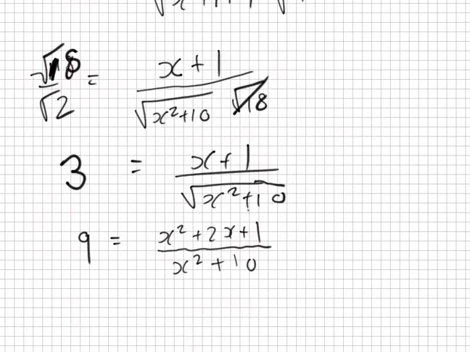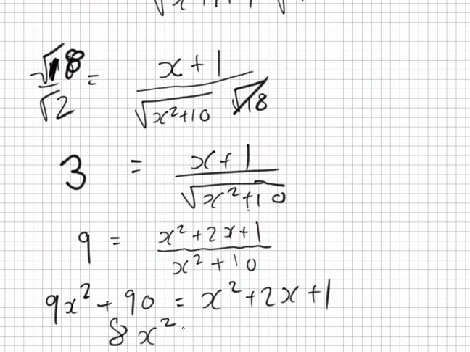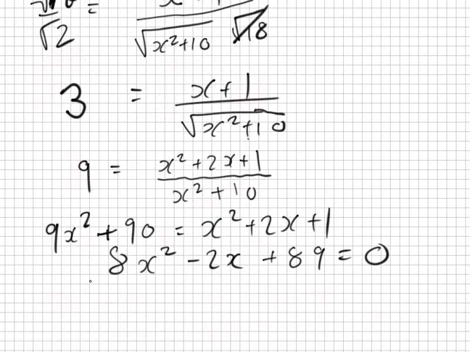It's an 18. Bring the denominator up to the left. 9x squared plus 90 equals x squared plus 2x plus 1. So you get 8x squared minus 2x plus 89 equals 0. So mode 53, please. Give me the two answers here.